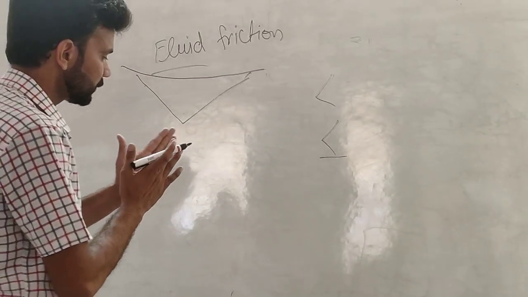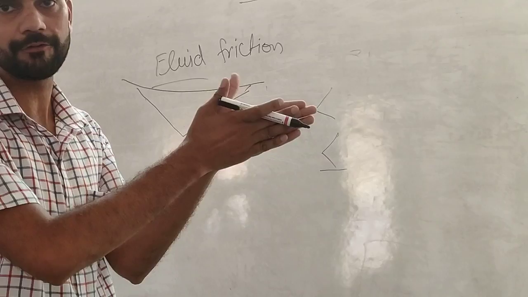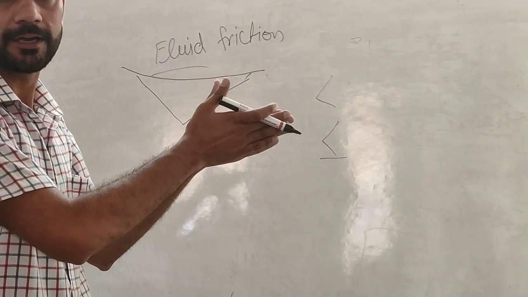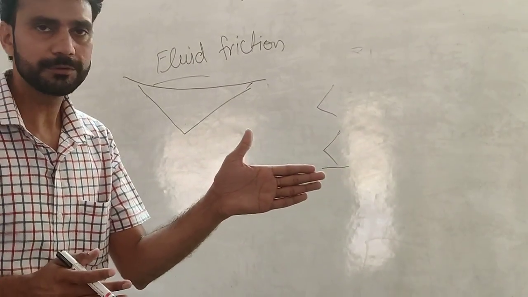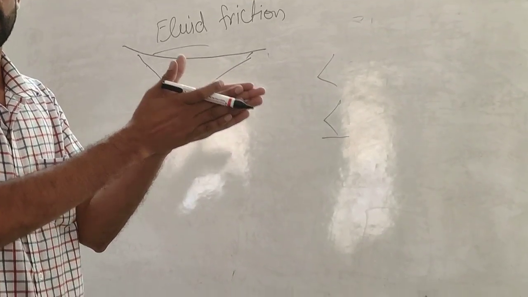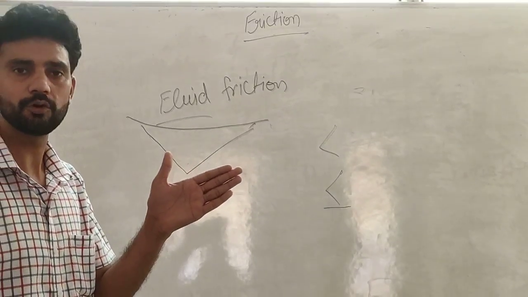Because suppose if the shape is broader from the front, then maximum air and water strike on it and do not allow the object to move easily.